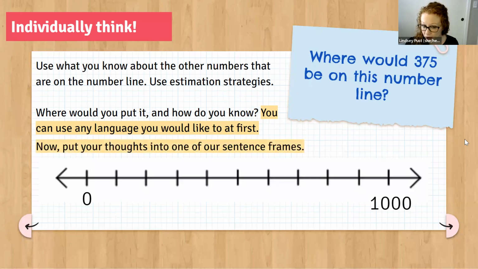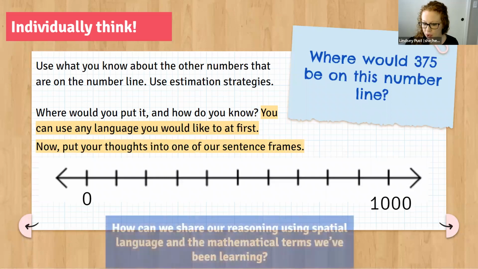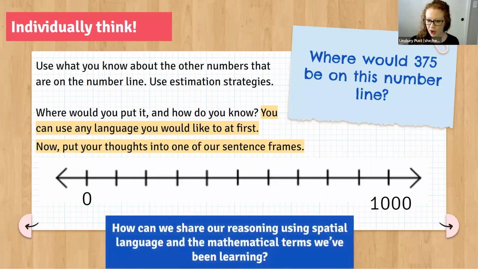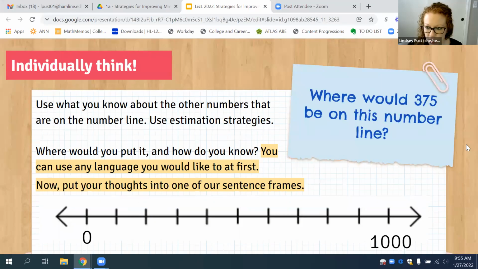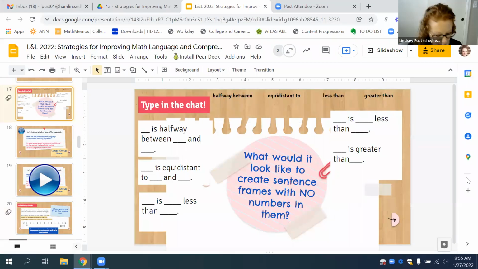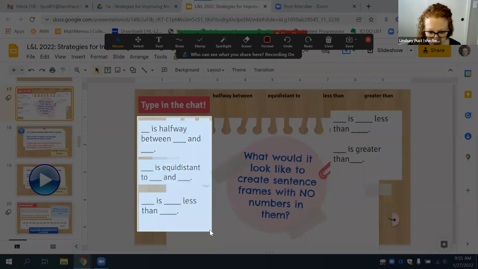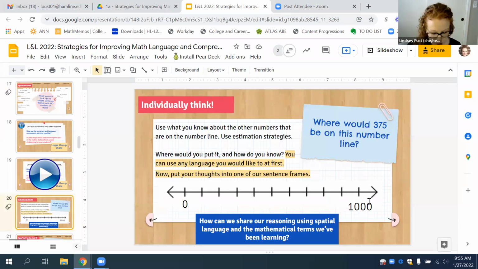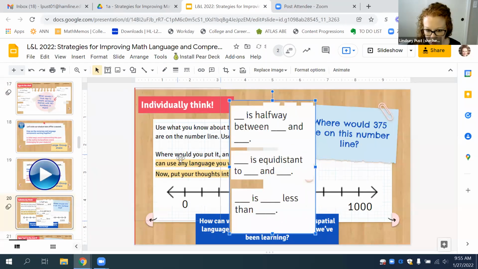Okay, now I want you to put your thoughts into one of our sentence frames. So I'm actually going to go back and grab these sentence frames and put them on this screen.